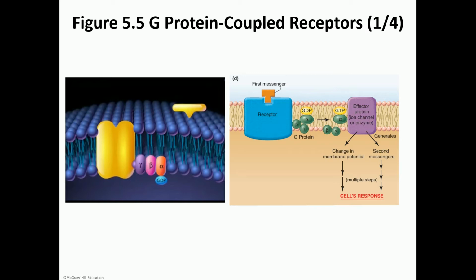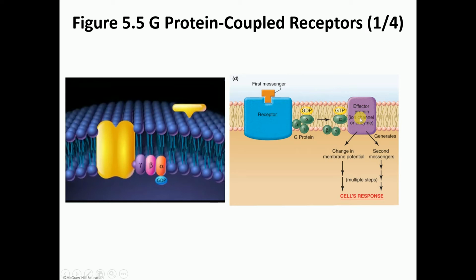Now notice that so far, nothing has been transmitted to the inside of the cell. This whole scenario is still within the cell membrane. It's not until the ion channel or enzyme in the cell membrane is activated that we relay anything to the inside of the cell.